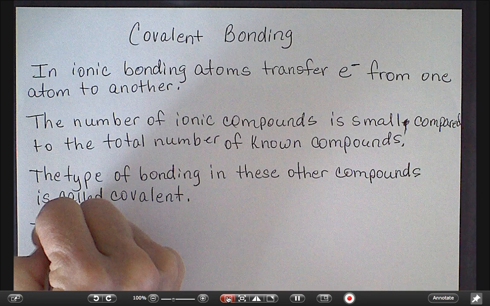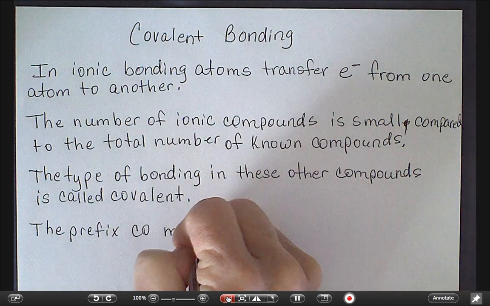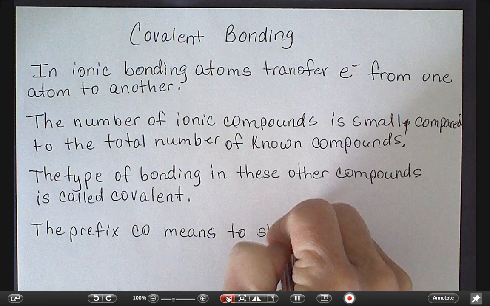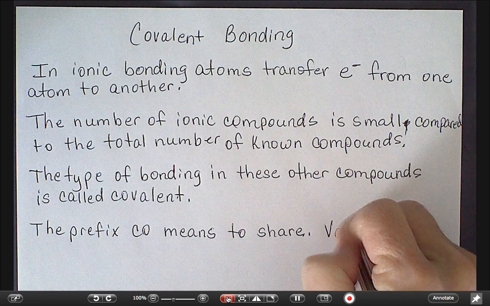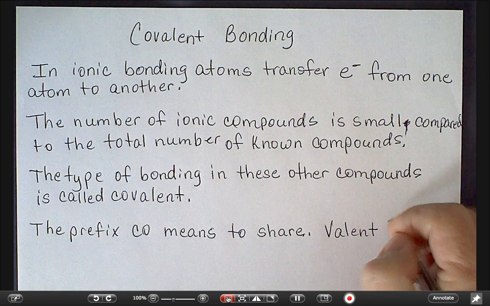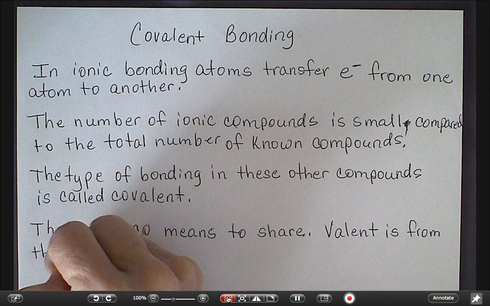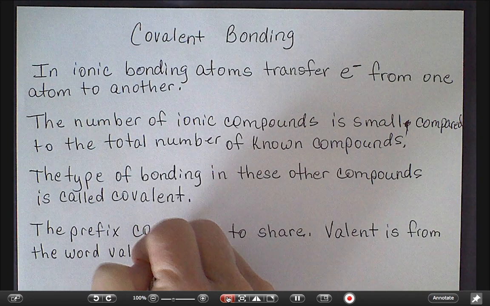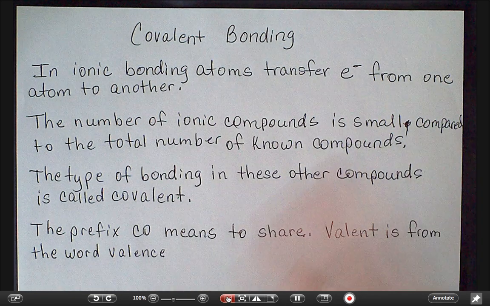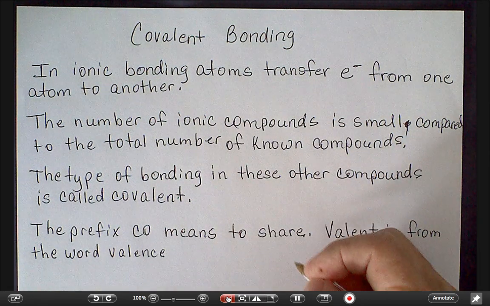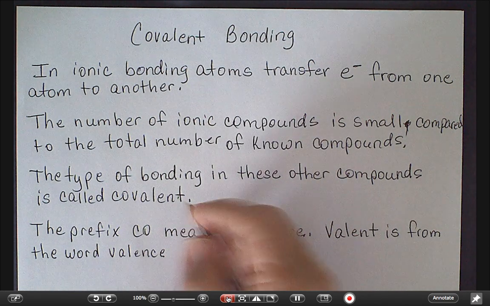The prefix co means to share. Valent is from the word valence, indicating valence electrons.